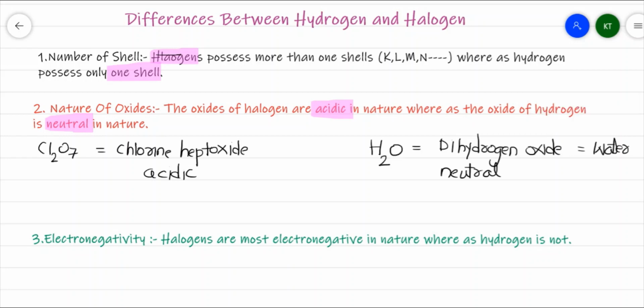The next we have is electronegativity. We have discussed in our previous sessions, when we discussed the periodic table, the term electronegativity. Generally, halogens are electronegative in nature, so a halogen shows a tendency to attract the shared pair of electrons towards itself.